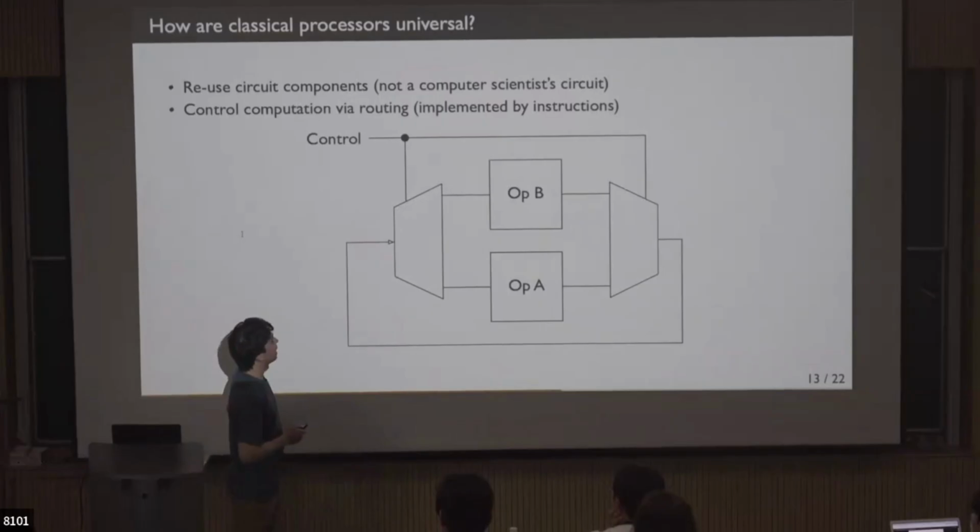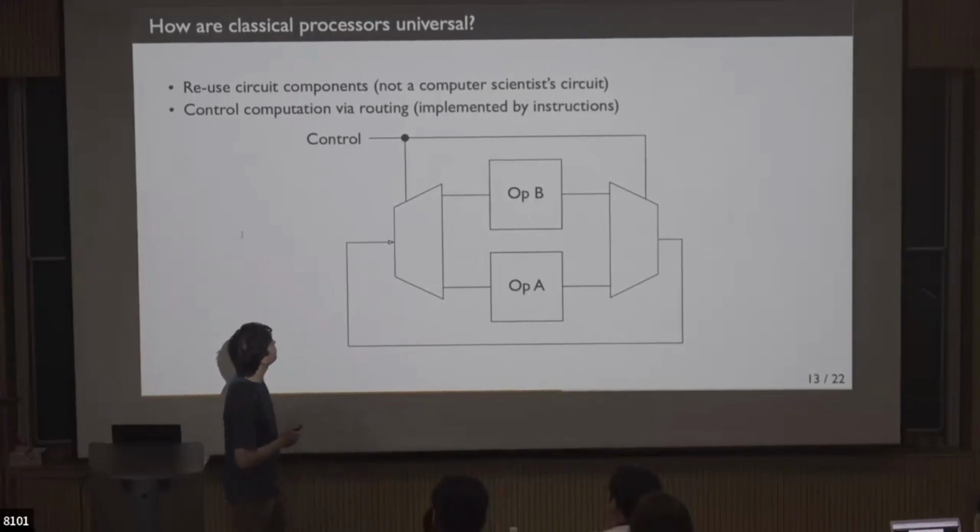And then the actual choice of what computation to perform is typically made by routing the data through different circuit elements. So here I have two operations, A and B, and I have some data that I'd like to perform some string of operations on, like A, B, A, whatever.